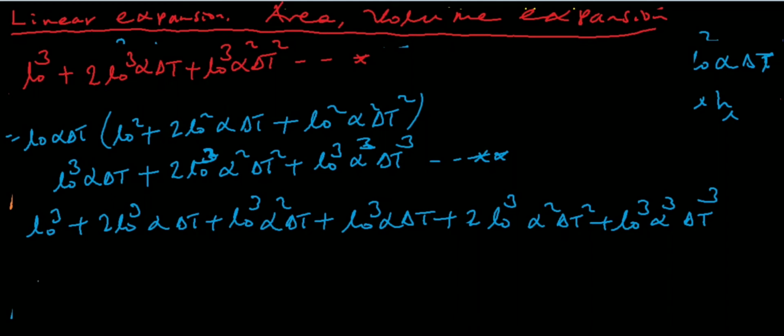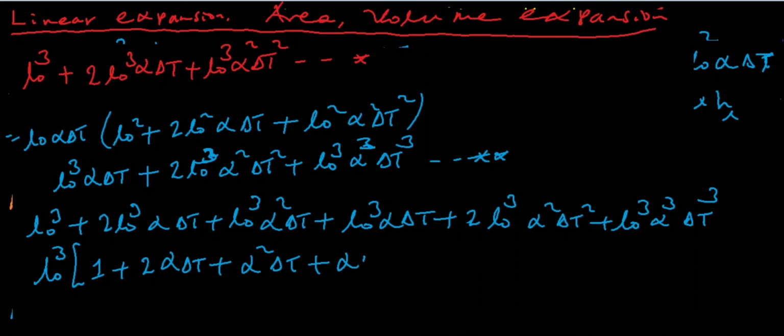Now L naught cube is constant, therefore 1 plus 2 alpha change in temperature plus alpha square change in temperature square, plus alpha change in temperature plus 2 alpha square change in temperature square plus alpha cube change in temperature cube.